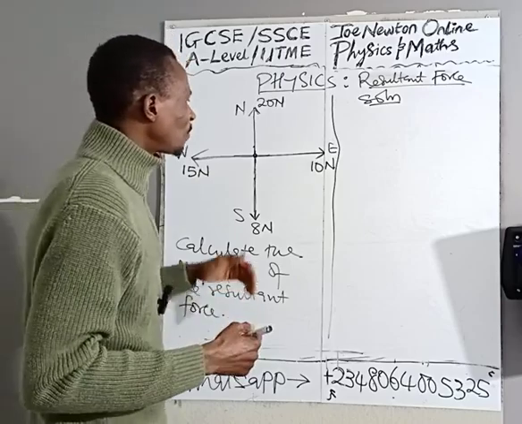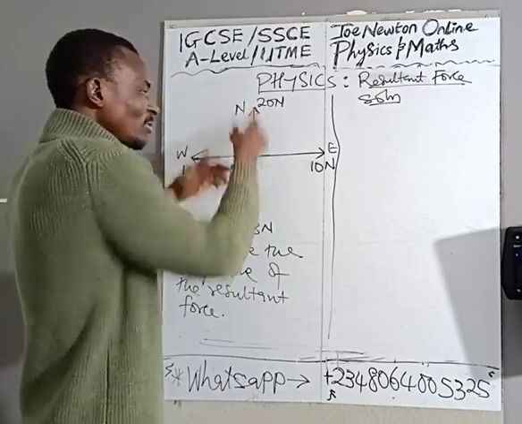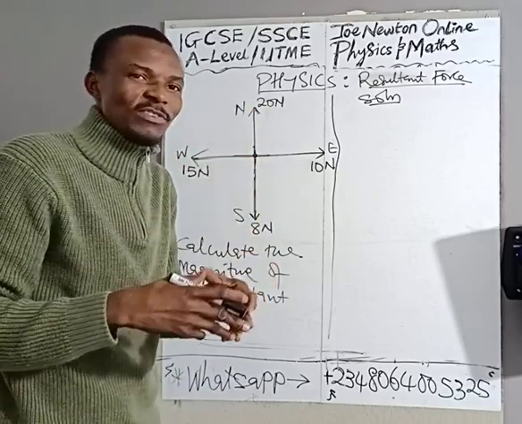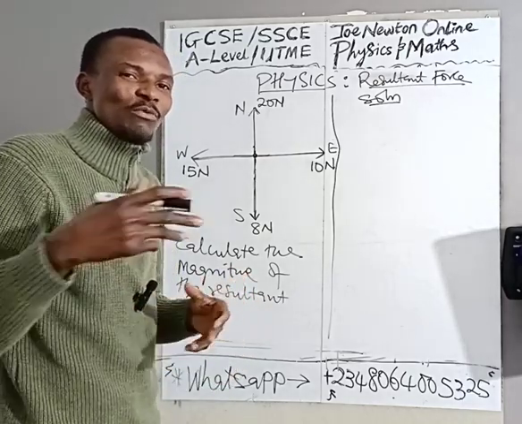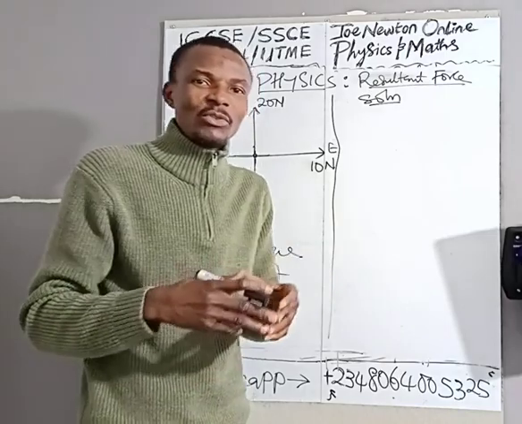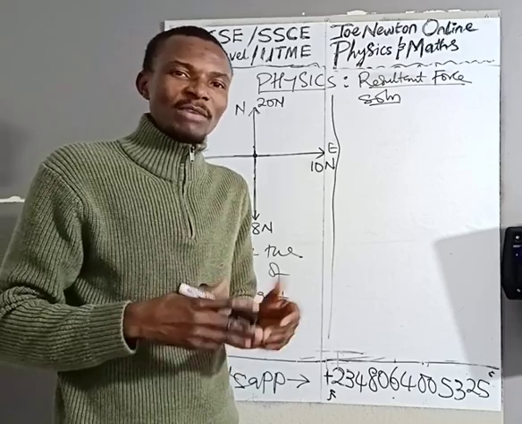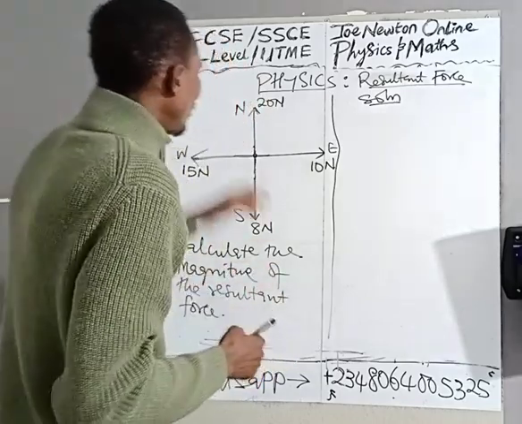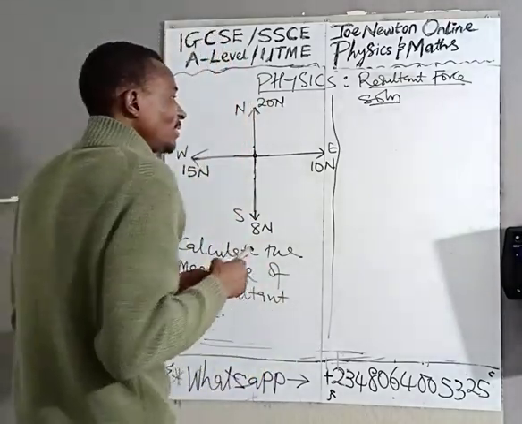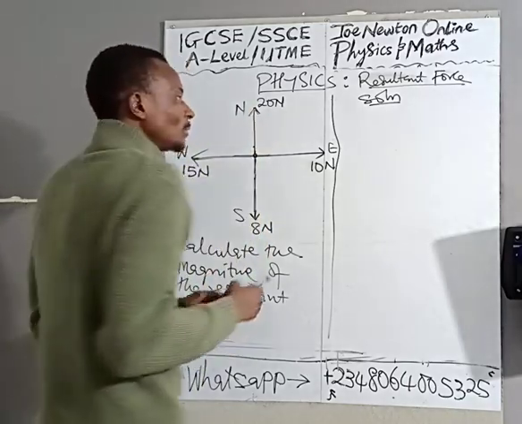There are two forces acting in opposite directions here, so we have to resolve them to know the effective force. When two forces are in opposite directions, by vector resolution, you subtract. But if they are going in the same direction, then you can add. In this case, this one is opposing this one. That's what it means. Good.